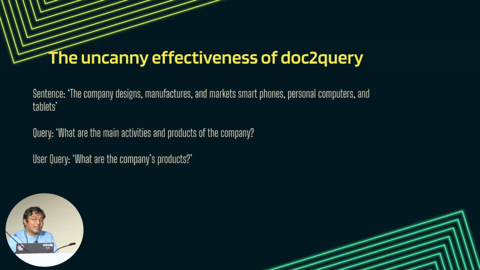But just in terms of representing information, what I found is doc2query. Just a quick show of hands, how many of you have heard or know what doc2query is? Looks like not that many. So here in this case, this is a sentence in a document. The company designs, manufactures, and markets smartphones, personal computers, and tablets.